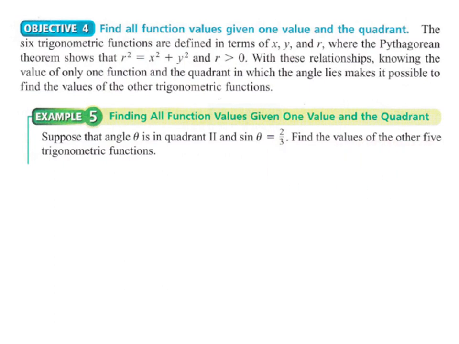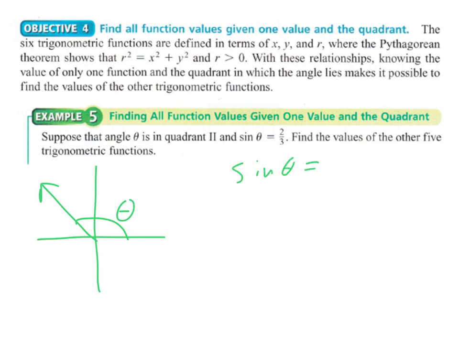It might help, especially when you're getting started with this kind of thing, to make a sketch of that situation. So we're in quadrant 2, so our theta has a terminal side in quadrant 2. And if we have 2/3, remember the sine of theta is y over r.